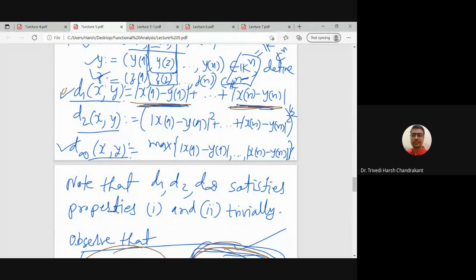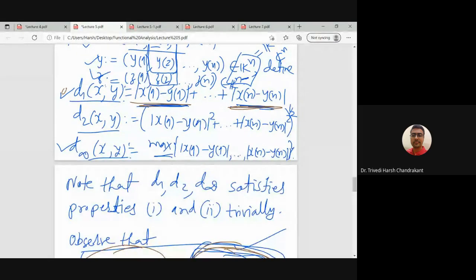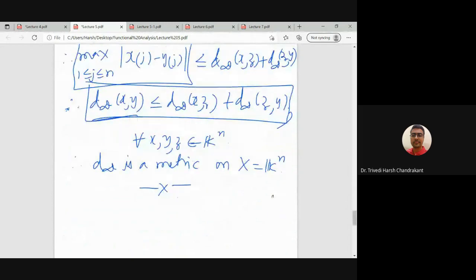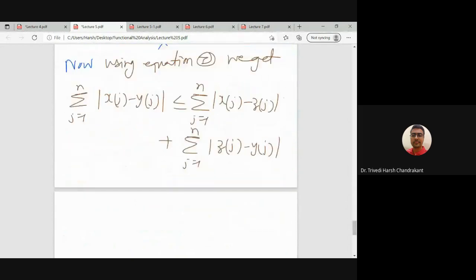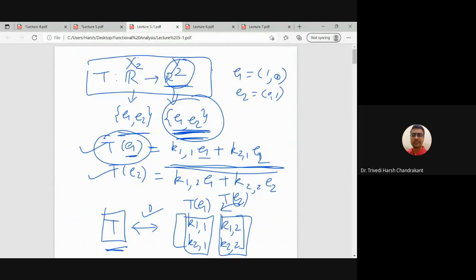The last one uses the maximum of the modulus of the difference of coordinates. The other two metrics are the Euclidean metric and the addition of the coordinate differences. So these are the 1, 2 and infinity metrics. We have three examples on Kn, and the same examples will also extend to infinite coordinates, which we will see today.